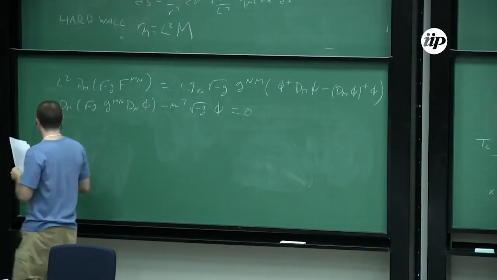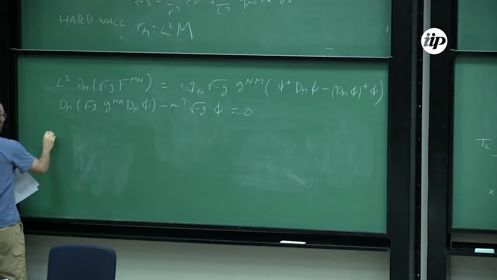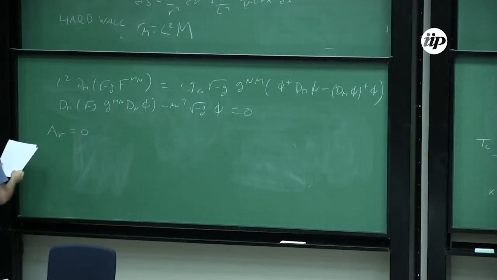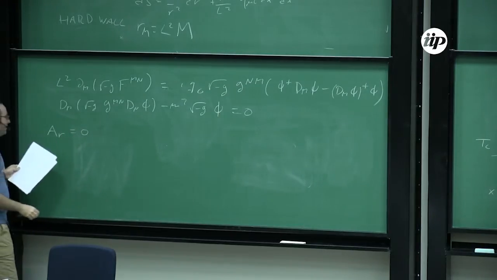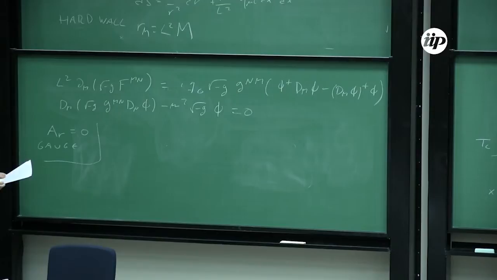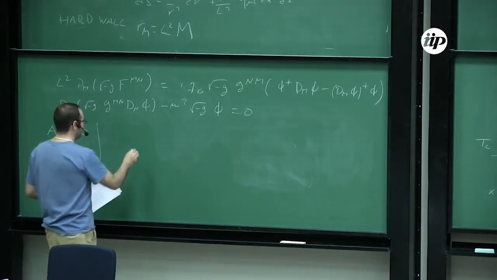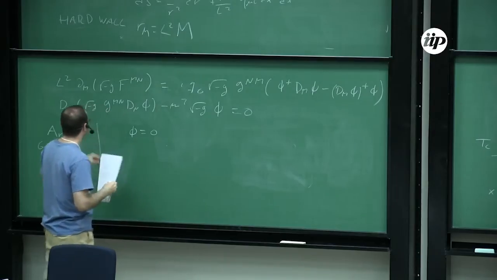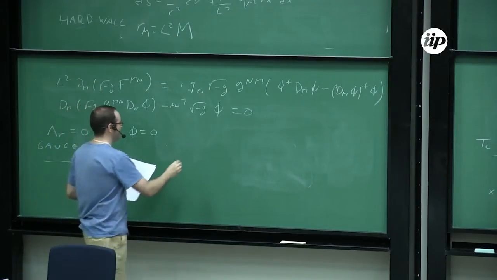And then I will work in a gauge where the radial component of the gauge field is 0. So this is my gauge choice. And we start setting the scalar to 0. Okay. Then the equation for the gauge field is very simple.